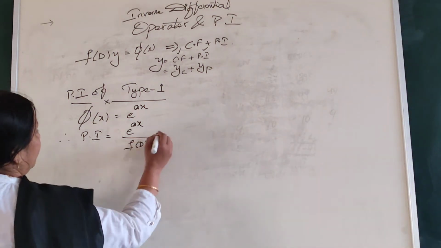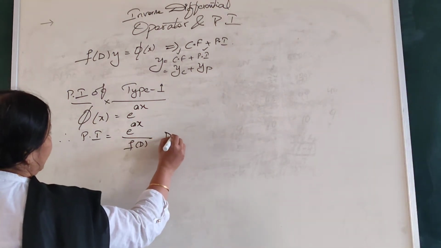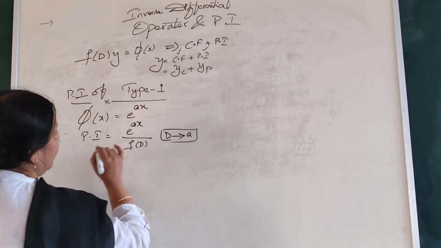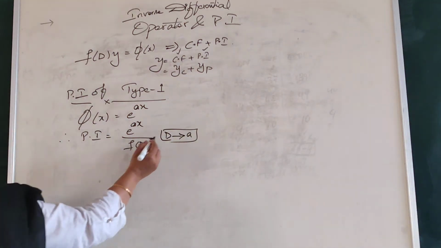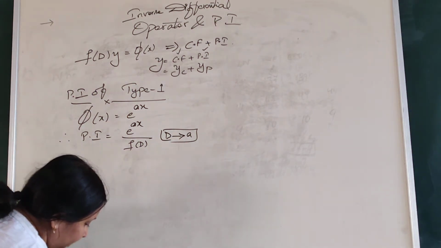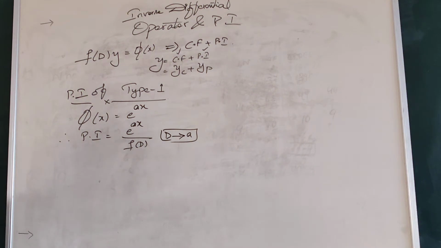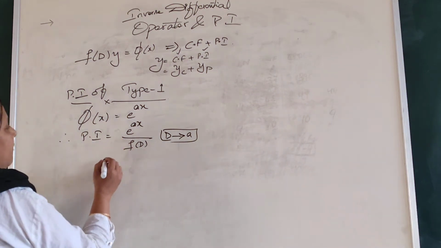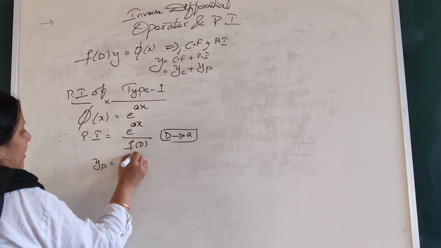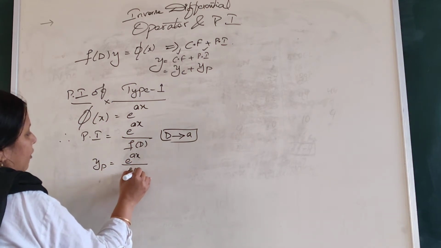The particular integral is obtained by replacing D by a. So, what will be the solution here? We have YP equal to e power ax divided by f of a.